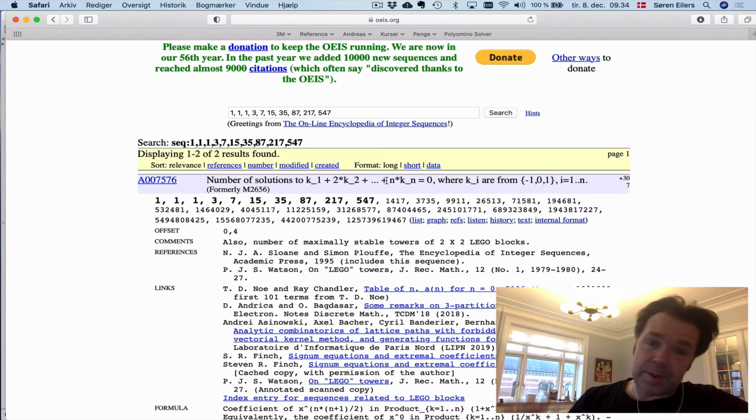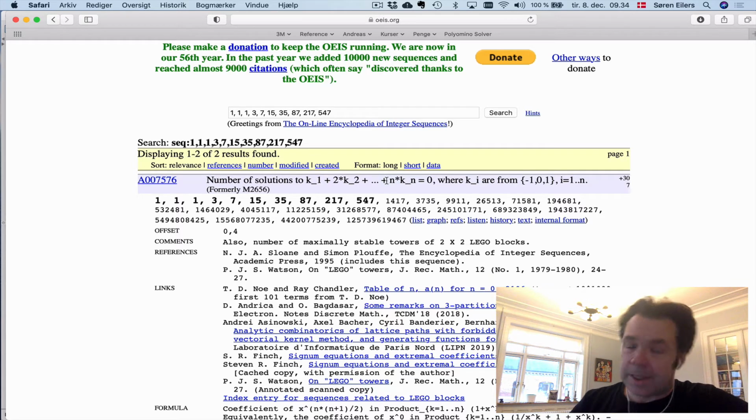Since it was the same data, it was natural to think about whether or not this was the same, and I could convince myself that yes, it was indeed the same. I'll give you the argument in a second. Then I wrote to the OEIS people saying these two entries have the same values, they are mathematically the same, and I explained why. They merged the two sequences, and now it has the form that it has now.